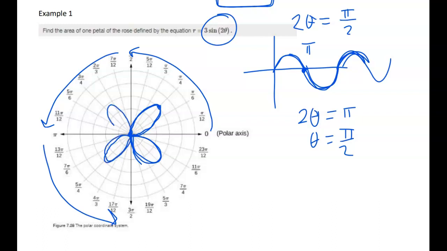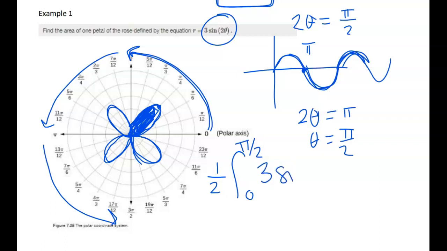And then I'm going to loop back up like this. Now I need to figure out the area of just one petal. So one petal of this rose is 1/2 the integral from 0 to pi over 2 of 3 sine 2 theta, because that's my radius, squared, d theta.